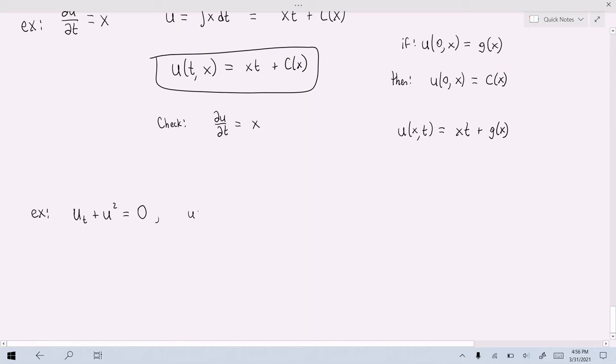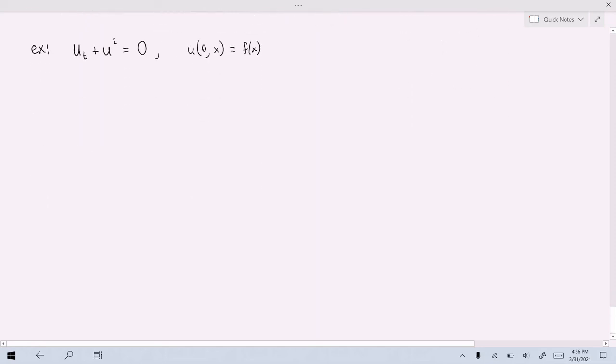So we have this PDE, and we're given an initial condition that u of 0, x is just some function f of x. We're told that we can assume that f is C1, meaning its derivative exists and is continuous. We're also told to assume that f is bounded.